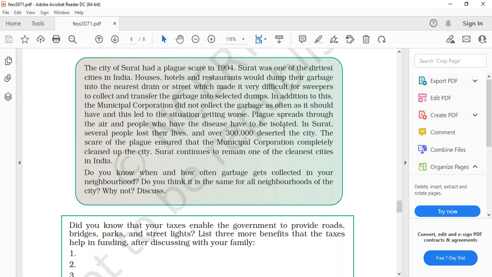See, as we know, Surat is one of the cleanest cities of India, and here come the questions about the role of the municipal corporation in making Surat one of the cleanest cities in India. This is your answer. Read it and make your notes, whatever you can write, for a complete answer.